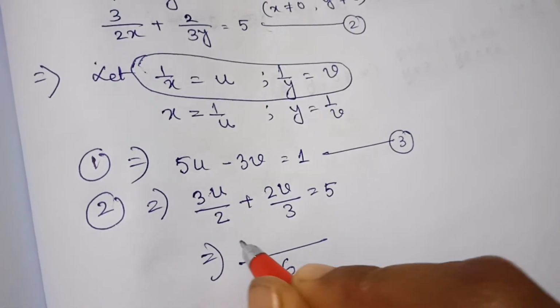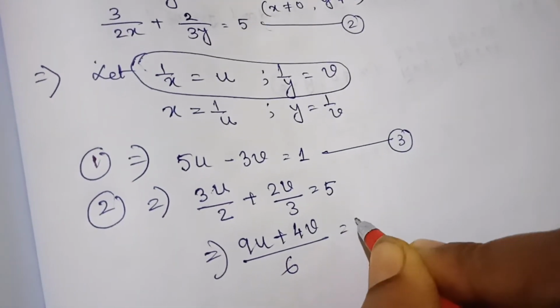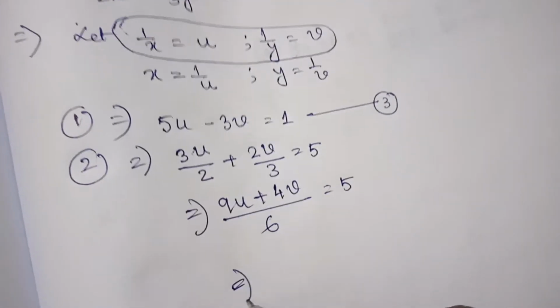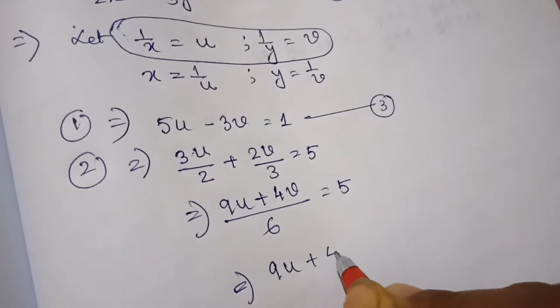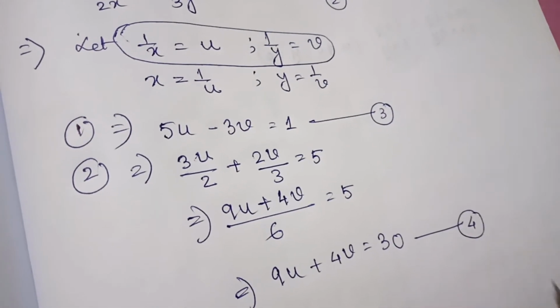So this is 9u plus 4v equals to 30. I am giving the name as 4.